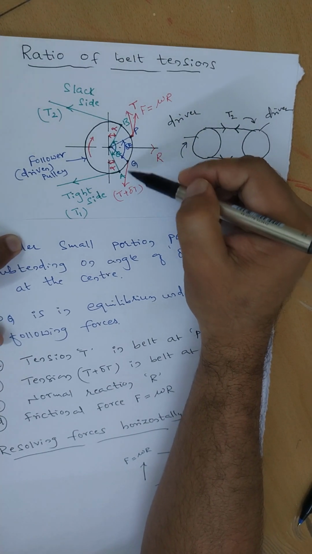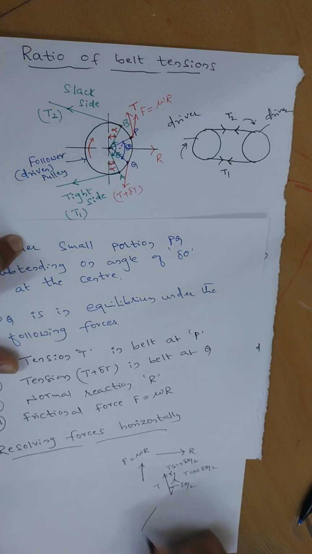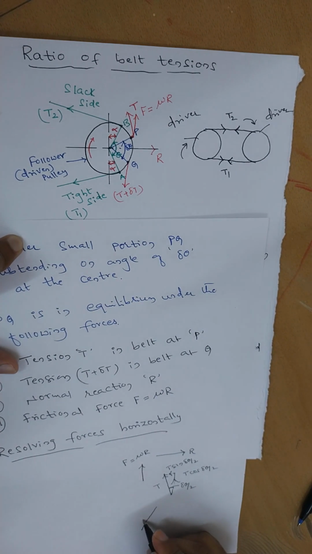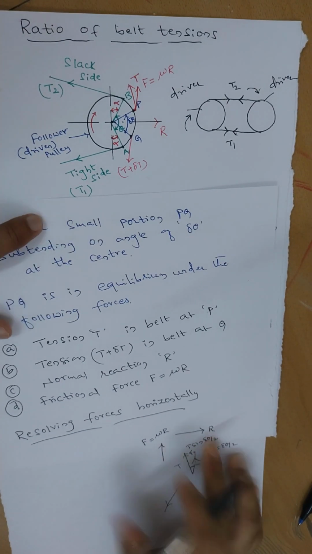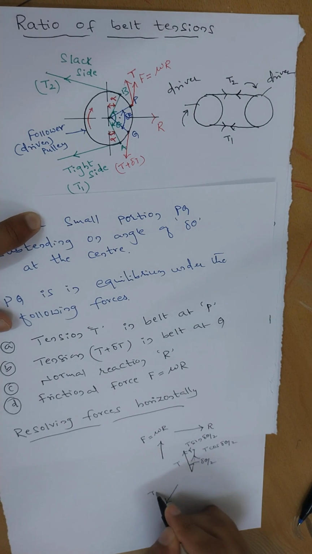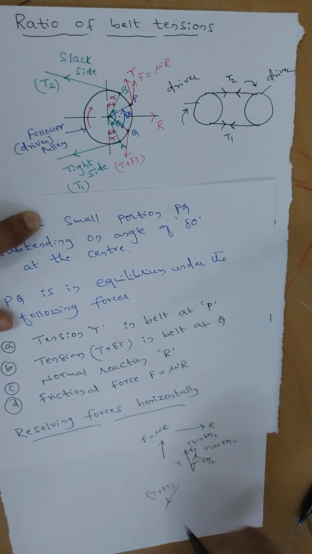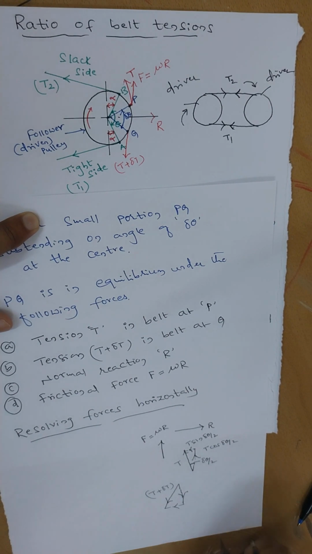Now come to the other force, T plus dt, the slack side force. I'll draw it here like this: T plus dt. Now I'll split it the same way, into a vertical component and a horizontal component. The arrow marks are like this, because it is in this direction.